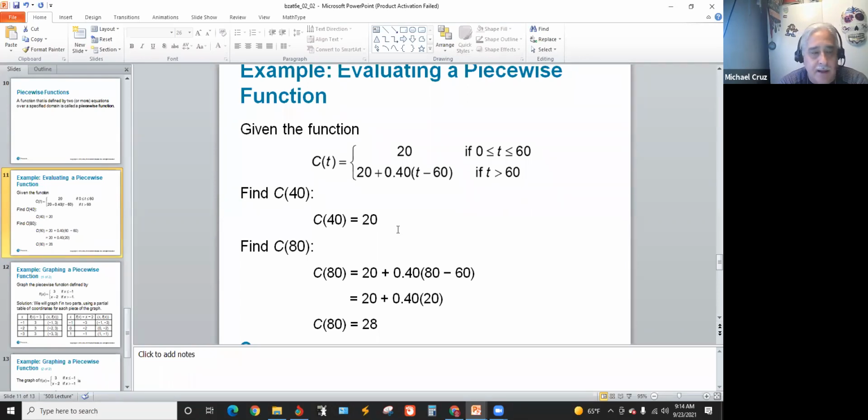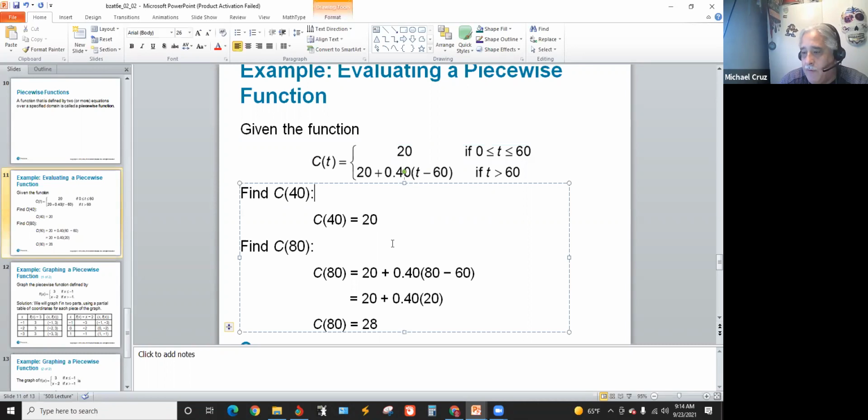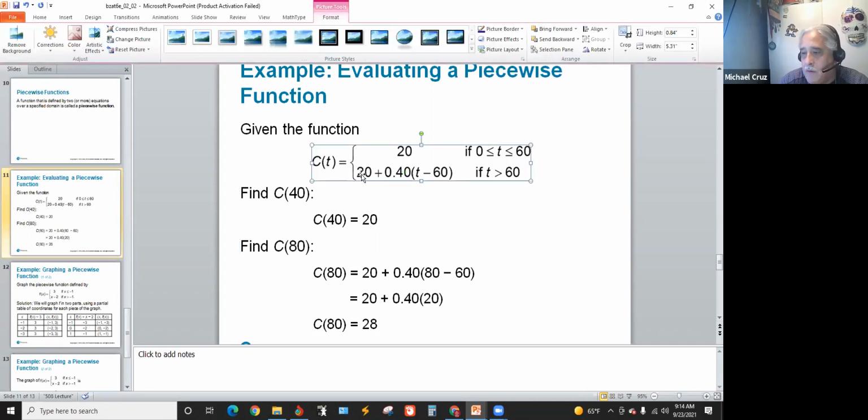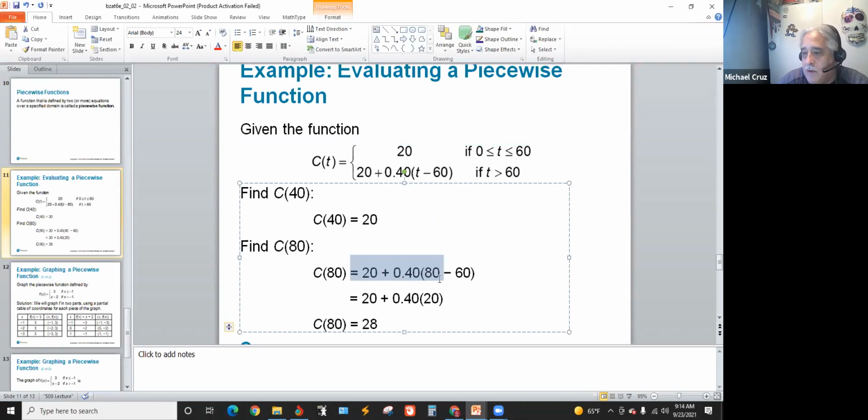Now, once it gets past 60, in other words, 61 and higher, then you just plug it into the function here, the bottom one. So if they want us to have C of 80, then 80 is the t, so it goes in place of the t. That's why they put C of 80 is equal to 20 plus 0.40 times 80 minus 60. 80 minus 60 is 20.